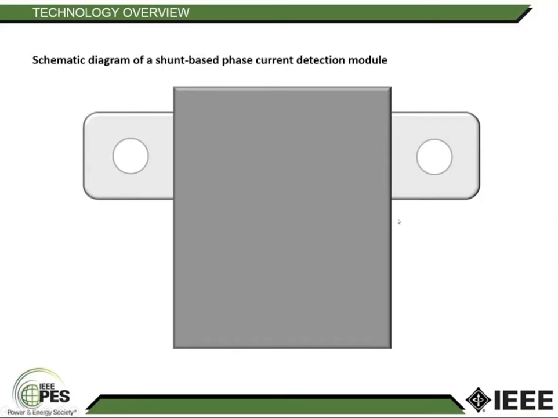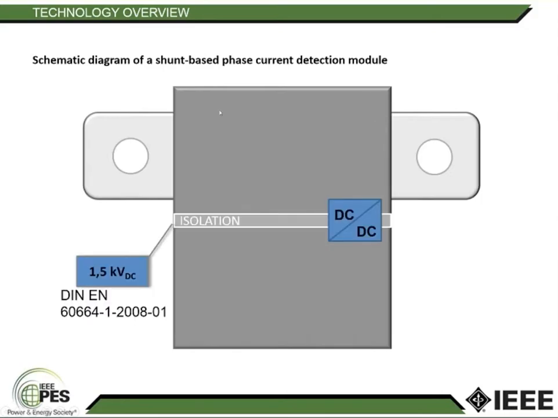In this gray box right here, this is where the measurement electronics sit. So you would have an isolation layer right here that basically separates the high side up here from the low side down there.